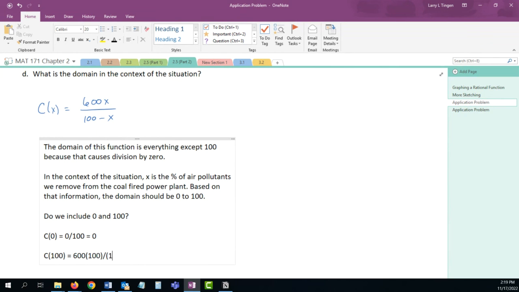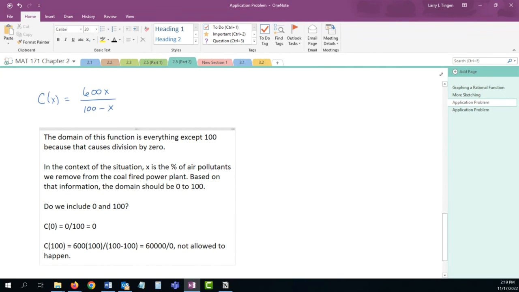We already know that from the algebra. That's going to be 60,000 divided by 0, which is not allowed to happen. So my domain, for the context of the problem, is 0 to 100. I can include 0 because that makes logical sense, but I cannot include 100.